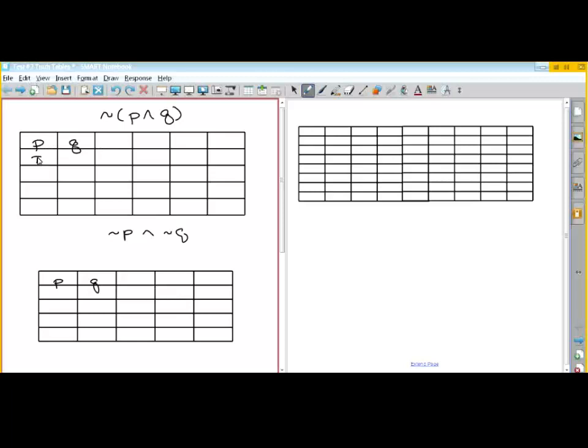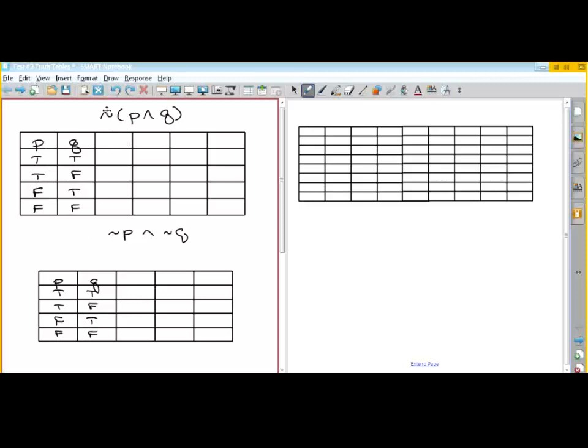The pattern is to get all the possible combinations of trues and falses, and these are always the same. So we do two trues and two falses for the P column, and then we alternate trues and falses for Q. That gives us four combinations: true true, true false, false true, false false. So anytime you see a logic expression that involves just P and Q, you have the first two columns with all the possible combinations of P and Q.